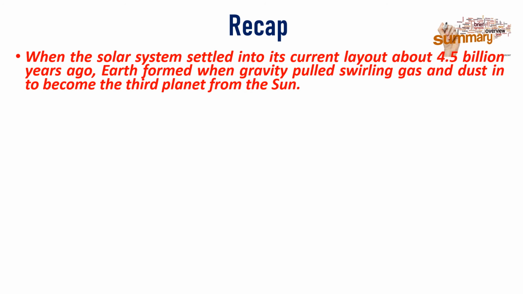We discussed many things in this lesson. Now let us summarize our lesson. When the solar system settled into its current layout about 4.5 billion years ago, Earth formed when gravity pulled swirling gas and dust in to become the third planet from the sun.